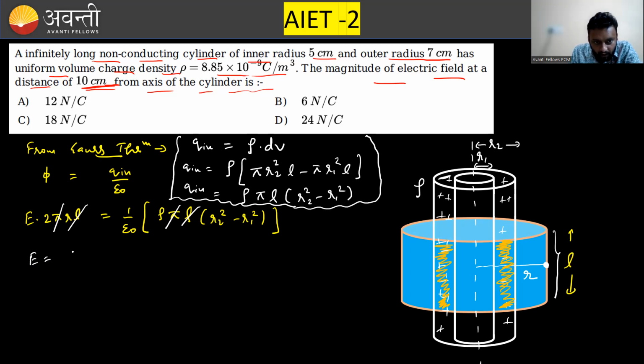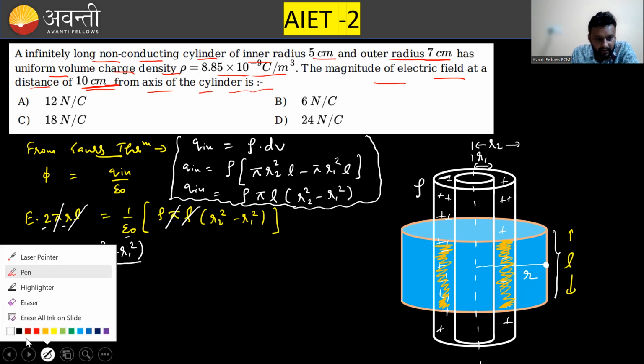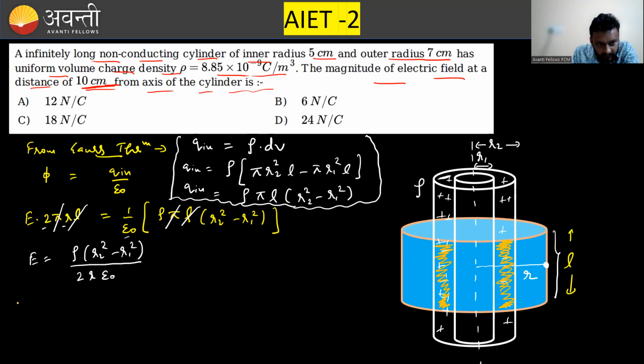So E will be, in the numerator, rho (R2 square minus R1 square), very good, divided by 2R epsilon naught. Now place the values. E equals rho, which is 8.85 into 10 raised to the power minus 9.